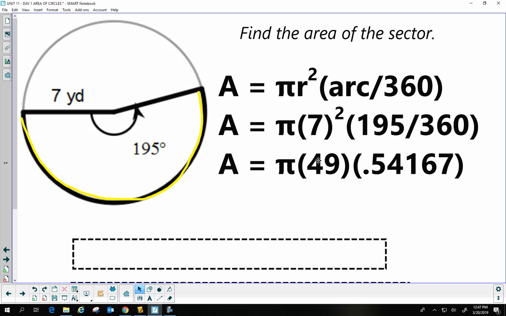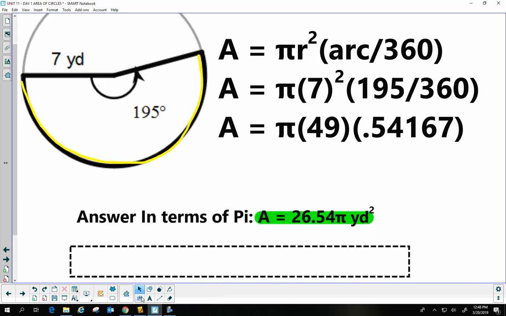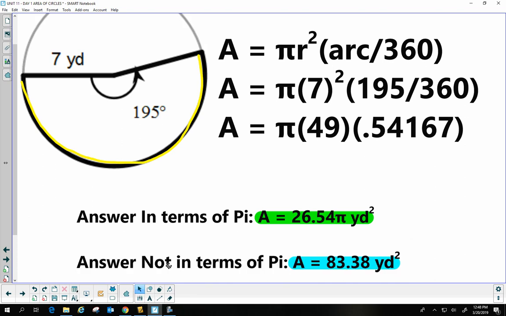49 pi is how much area the circle has. So when I multiply 49 pi times this 0.54167, I get an area of just that sector, approximately 26.54 pi, or 83.38 yards squared.